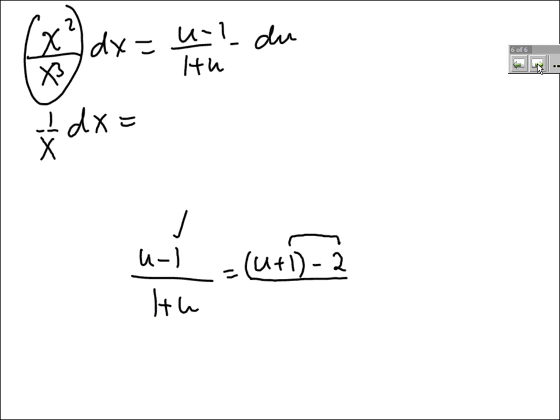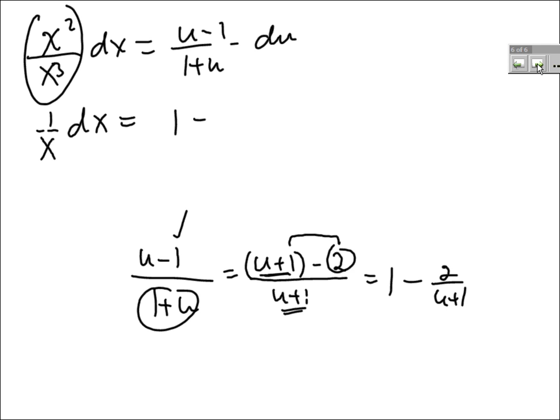And then when I divide this by, I'm just going to call this u plus 1, well, u plus 1 over u plus 1 is 1, minus 2 over u plus 1. So it's 1 minus 2 over u plus 1 du.